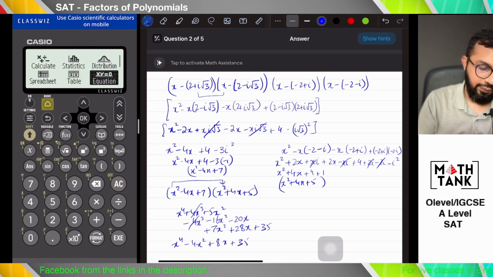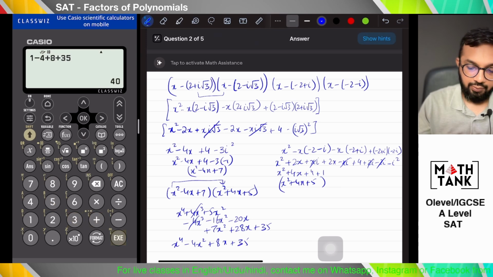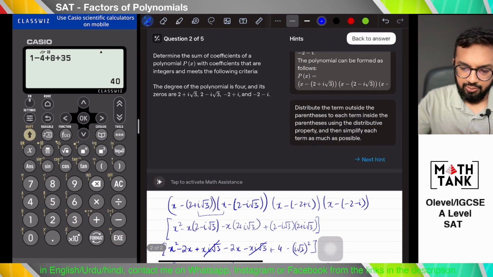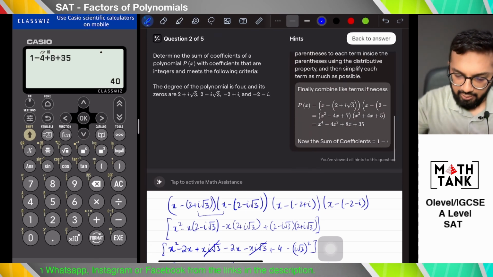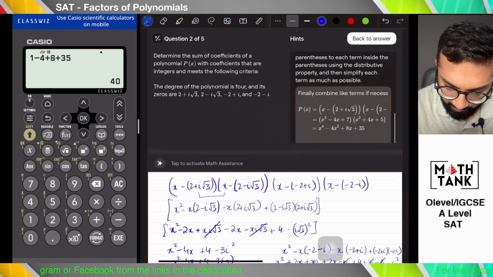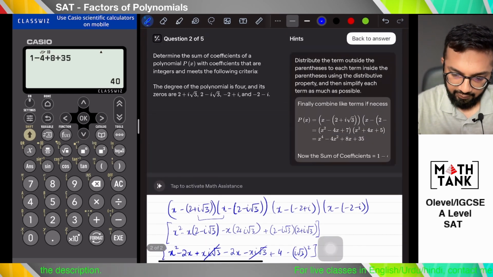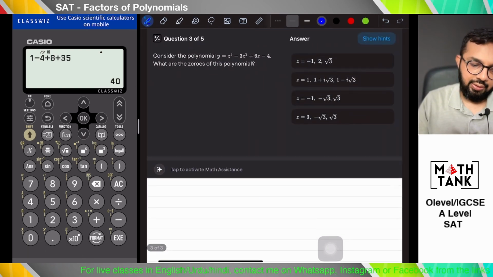So let's add the coefficients and see if we get the correct answer. 1 minus 4 plus 8 plus 35. I'm not sure if I've done all of this correctly, but it's a long question. You don't get these questions on the SAT. I'm just going to check the answer before I write it down. 1 minus 4 plus 8 plus 35. Yeah, 40 is the right answer then. That is the correct answer.